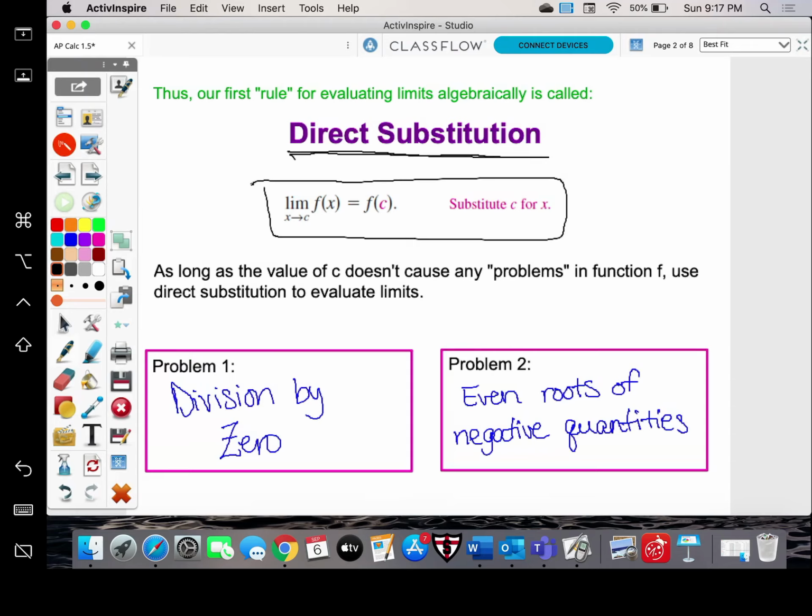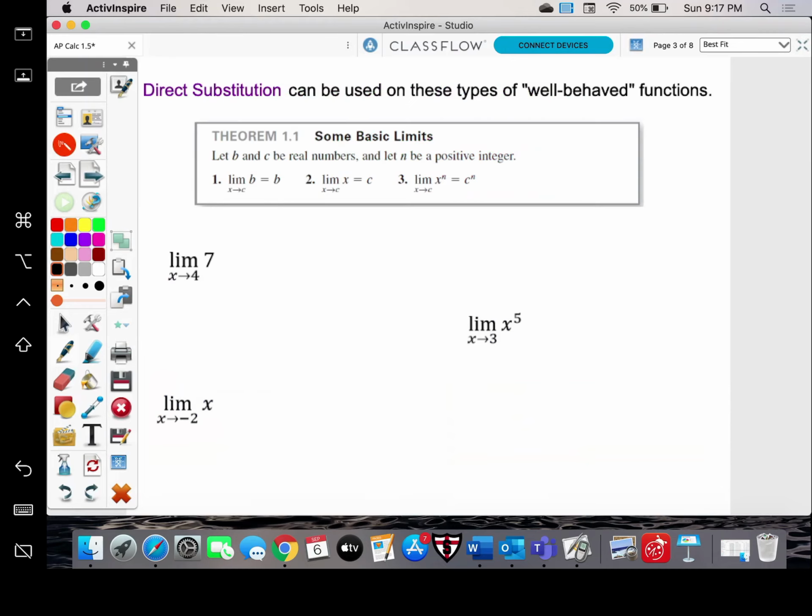Those are the only two things in algebra that you are not allowed to do. And hopefully you remember those two: no division by 0, no even roots of negative quantities. Everything else can be evaluated using direct substitution. So we're going to look at a whole bunch of those things today. Like I said, your textbook calls them well-behaved functions, which is kind of funny.